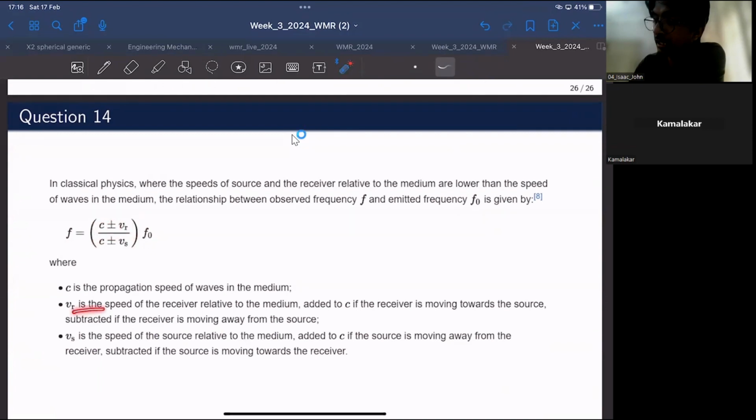VR is the speed of the receiver relative to the medium. If the receiver is moving towards the source, we add it to C, so VR is taken as positive.